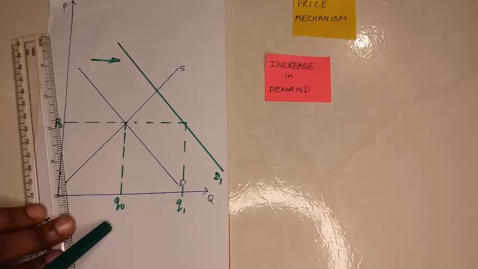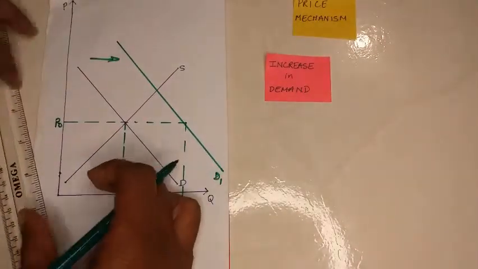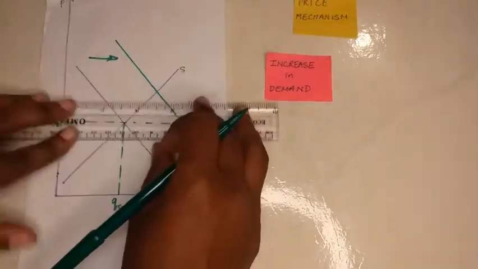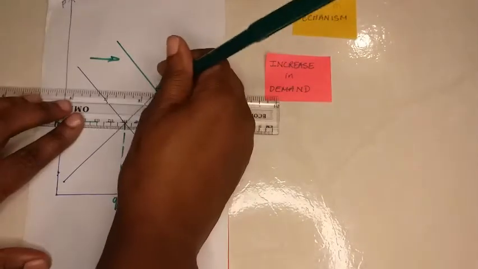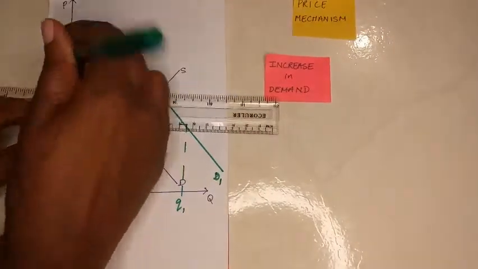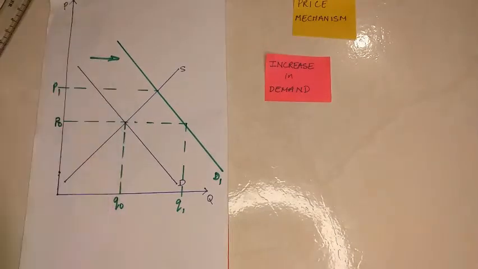So in order to get rid of the shortage, remember what happens? Price has to increase. So price will increase to P1.